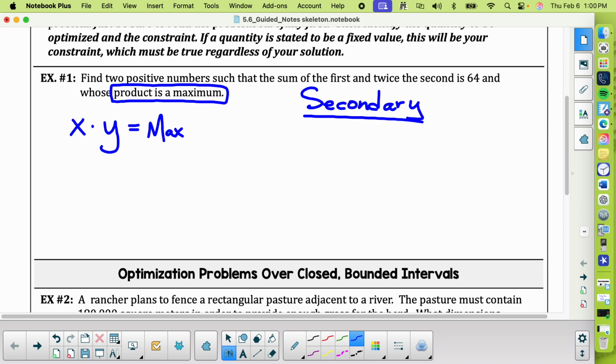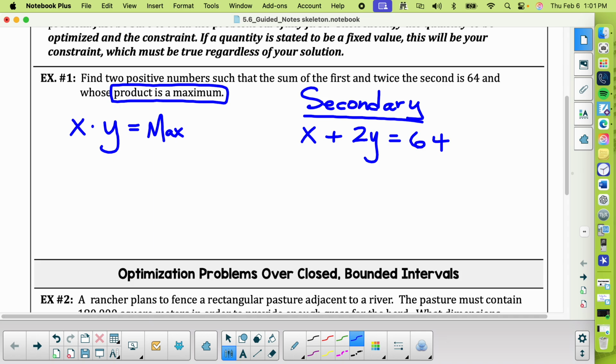is that the sum of the first and twice the second, we're basically just saying x is the first number, y is the second. The sum of the first and twice the second is 64. Okay? The only thing we use that info for is to substitute a variable. That's where it is semi-like related rates, where we can substitute info.